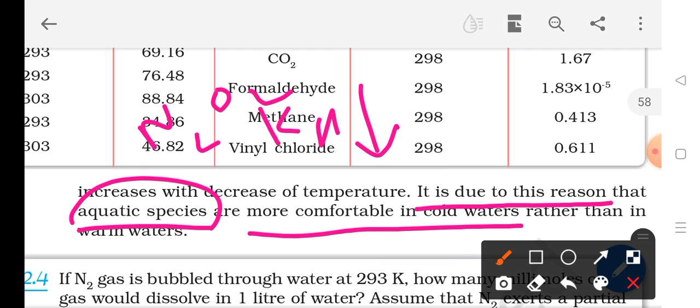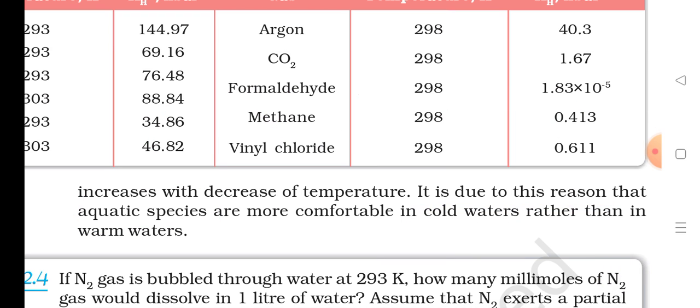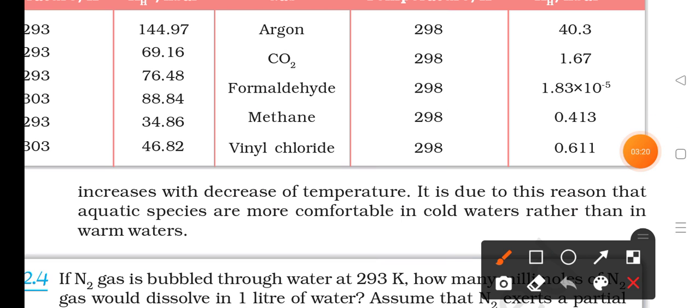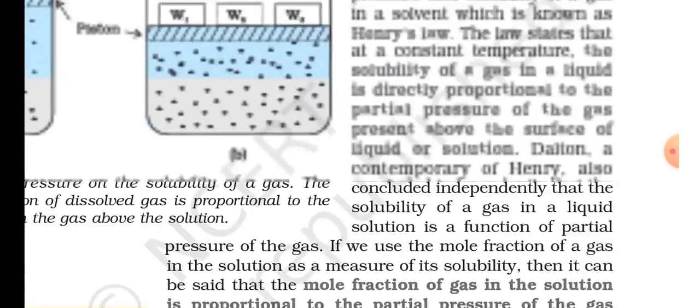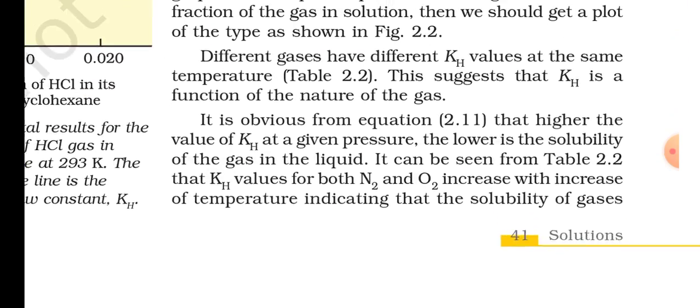So X is increased, that means mole fraction increases, that means solubility increases. Since more gases are soluble in water, those aquatic species feel good living there with more oxygen, because species mostly need oxygen and nitrogen to live. So we learned about this thing.